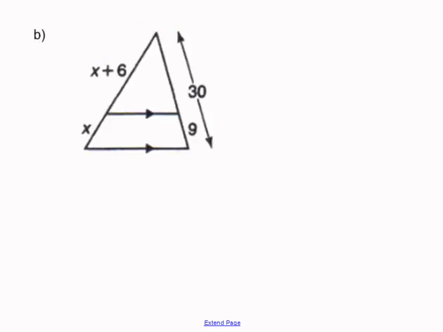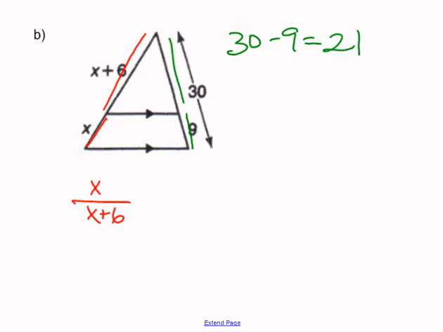Okay, so let's step it up another notch. x over x plus 6, that's easy enough. Over x plus 6, 9. Oh, we don't have that one, but you can figure it out. 30 minus 9 is 21. So this piece right here is going to be 21.